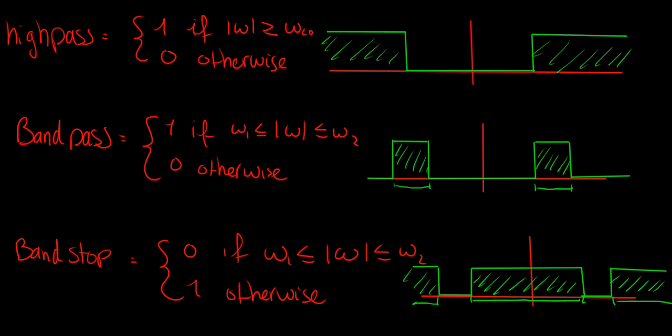Furthermore, if you look at a band pass filter, then the bandwidth of all the frequencies that is let through is calculated with omega 2 minus omega 1. That is the bandwidth. And these are all filters, and all these filters can be interpreted as LTI systems, and you can even cascade multiple filters into one.